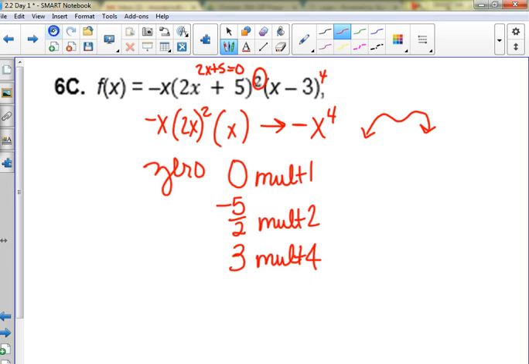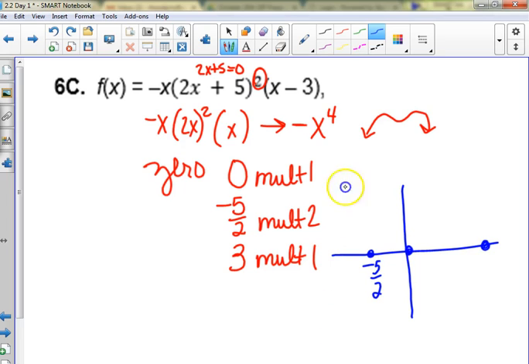Okay. How far back do I want to go? I think we're ready to go, aren't we? If I put a negative 5/2, a 0, and a positive 3 on my graph paper, where am I going to come from? On the left, it's going top or bottom? It's coming from the bottom. What does it do at this, though?